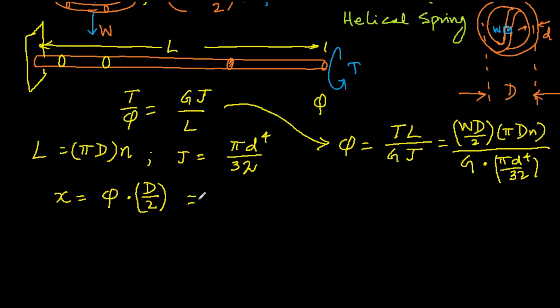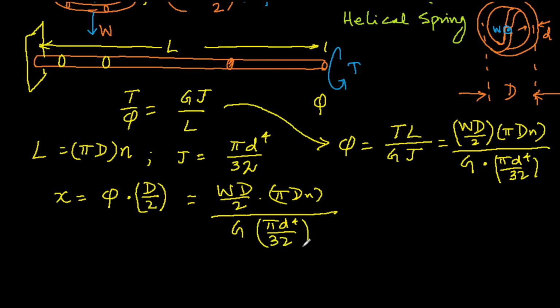So from here we can put the expression with d over 2: W d over 2, pi d n, over G pi d raised to 4 by 32, that's the thing, and d over 2.